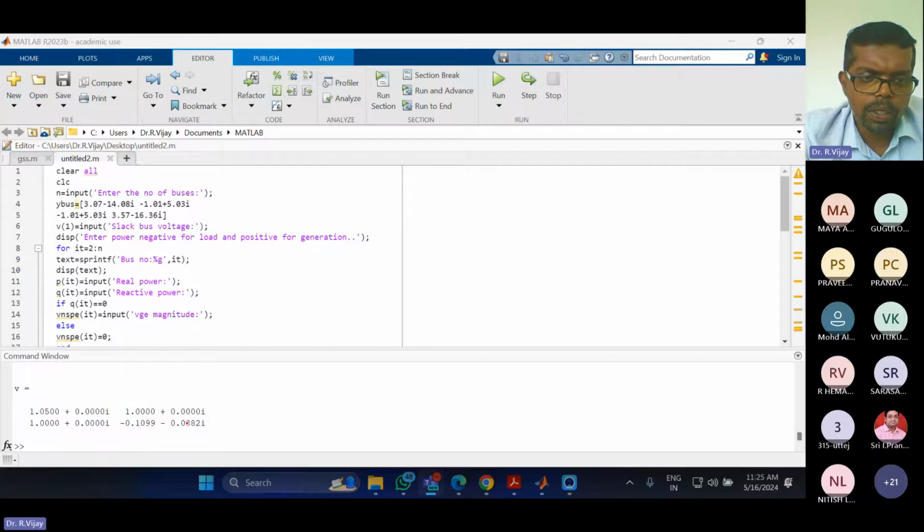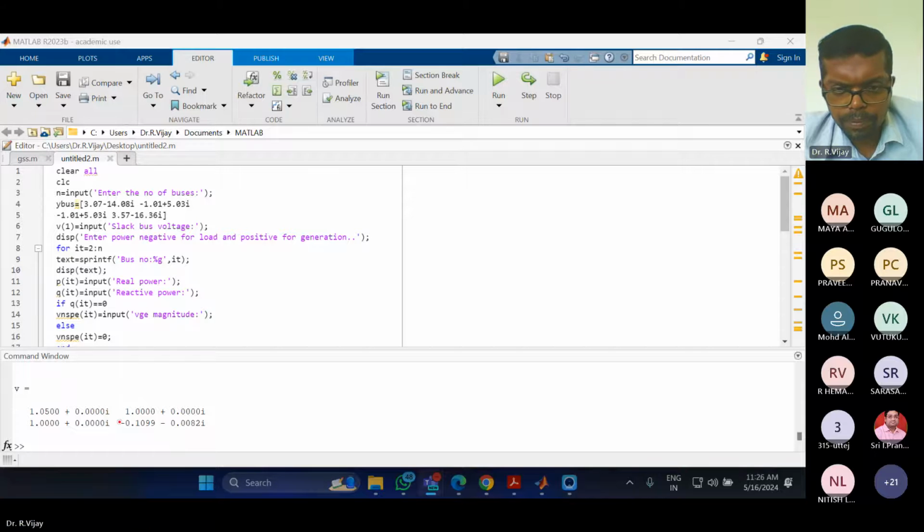But there are some losses there. This is how you need to analyze this problem. If you convert this per unit value into a voltage value with the base MVA value, say for example you are sending 25 kilovolt, at the receiving end you will get some 23.5 kilovolt.